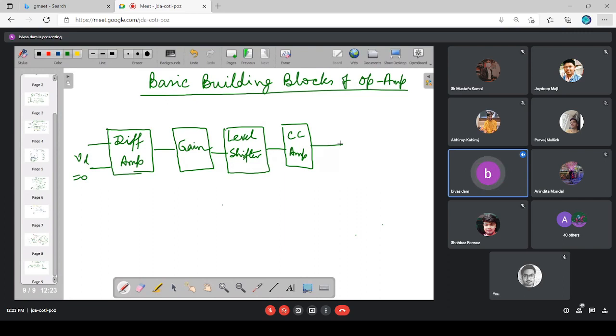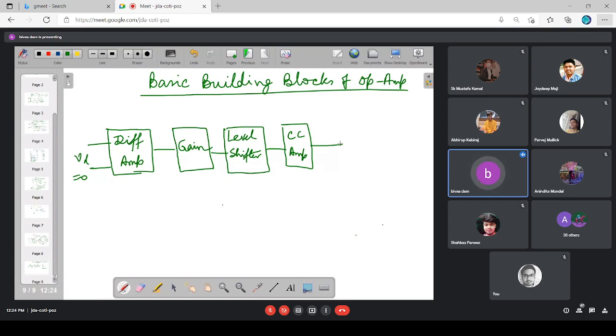Now, can you tell me why the operational amplifier is not producing 0 output for the 0 input difference voltage in the practical field? Where can it go wrong? Had it been ideal, there is no question of getting non-zero output voltage for the 0 input difference voltage.